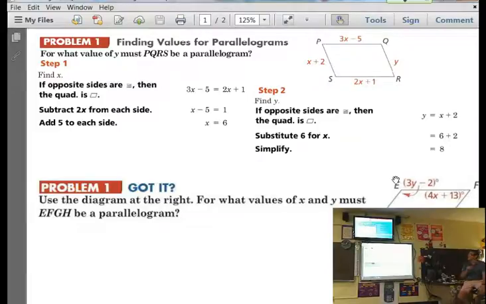Problem 1 here. When we know anything involving two variables, we always want to make our life easy and figure out how I can reduce it down to one variable. So relating PQ to SR, I can solve for the x value. And then because I know the x value, I can plug it into my PS and find out what the y value is. Do we have any questions on how they were able to do this process?